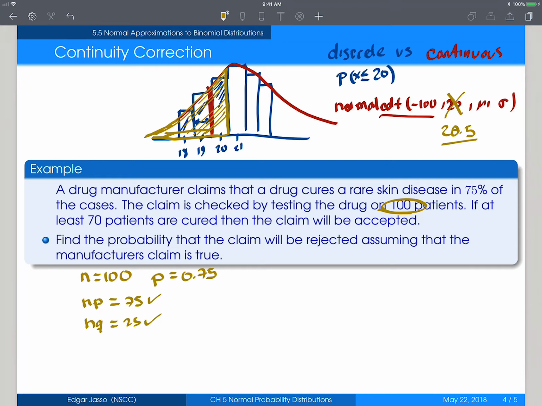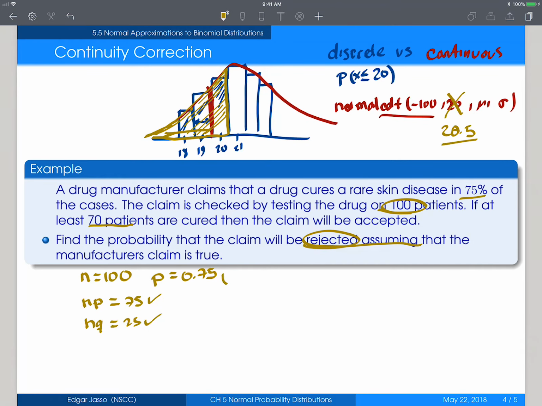Now, find the probability that the claim will be rejected, assuming that the manufacturer's claim is true. So we're assuming 75%, and you test it on 100 patients. If at least 70% are cured, then the claim will be accepted. When will it be rejected is the question.